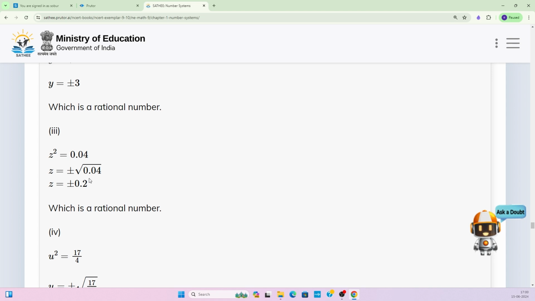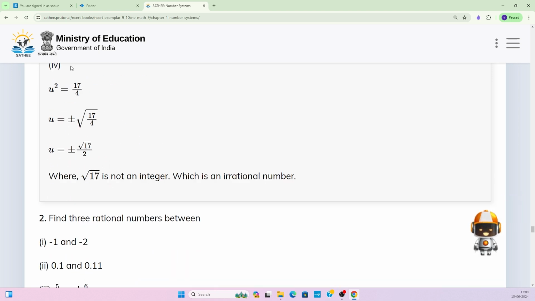So this is also a rational number. And u square is equal to 17 by 4, and it implies u is equal to plus minus root 17 by 2, where root over 17 is not an integer. So this is an irrational number.